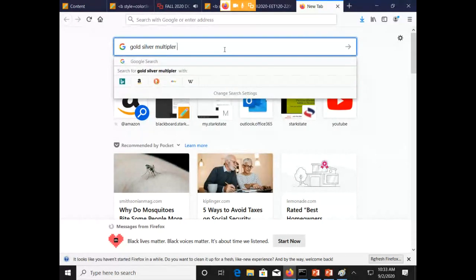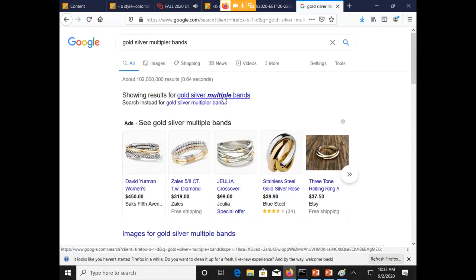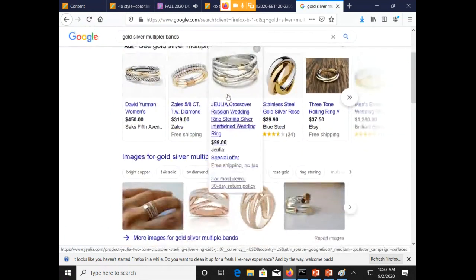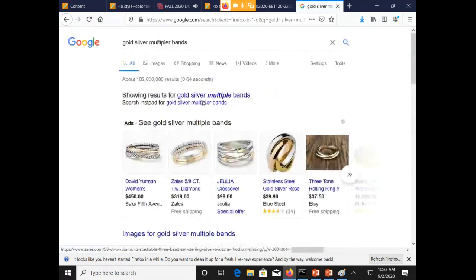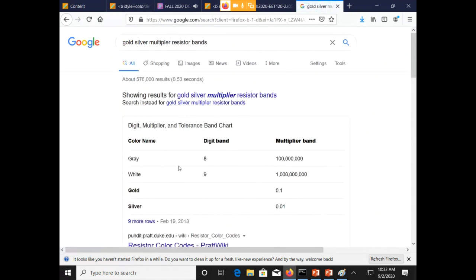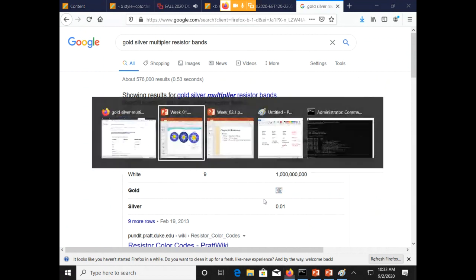One of them's 0.1 and one of them's 0.01, but I see them so seldom, I don't even remember. Okay, gold is 0.1, silver is 0.01. I couldn't remember because, like I say, you don't see them actually all that often.